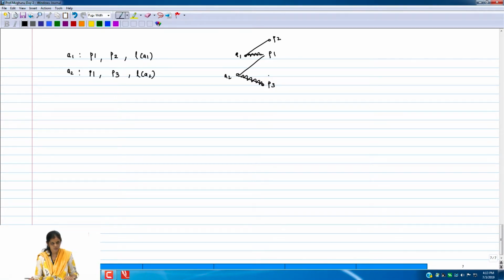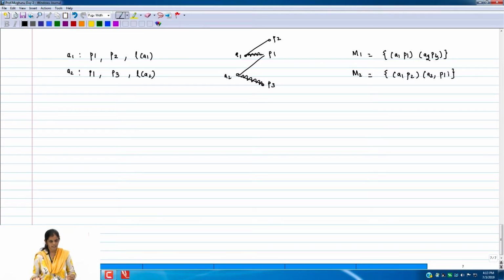So there are two popular matchings, we call them M1 and M2: A1 P1 with A2 P3, and A1 P2 with A2 P1. Both of them are popular because both of them satisfy the conditions of that theorem.